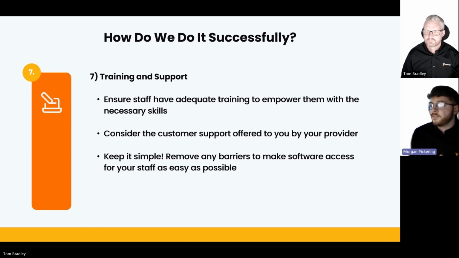And again, this feeds back to that communication piece we were talking about. Another thing which feeds more into the research side of things here, but consider the customer support being offered to you by your provider. Make sure that you know the support is there. Once you go live with your product, you don't want to be left alone with it. Make sure you have ongoing support with whichever provider you choose, because once you've gone live, there'll be changes you want to make.